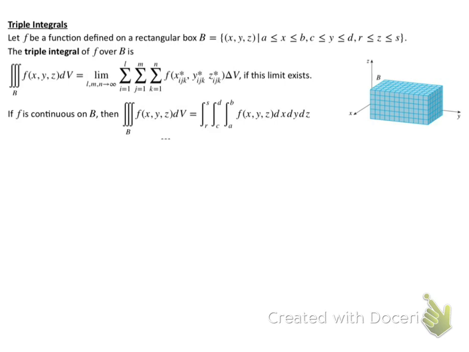Then in each of the boxes you pick one point. Well, in each box, I don't mean the surface, I mean the whole thing. In each box you get one point to represent the whole box. That point will be x star, y star, z star.